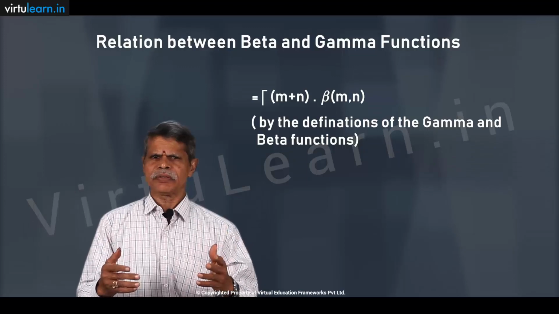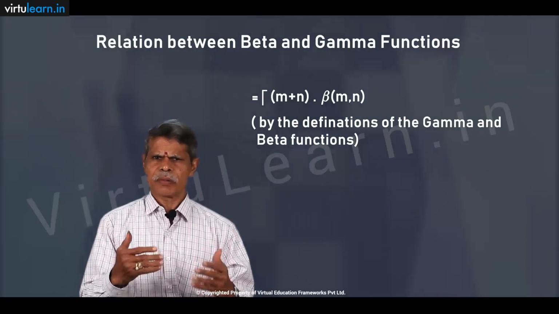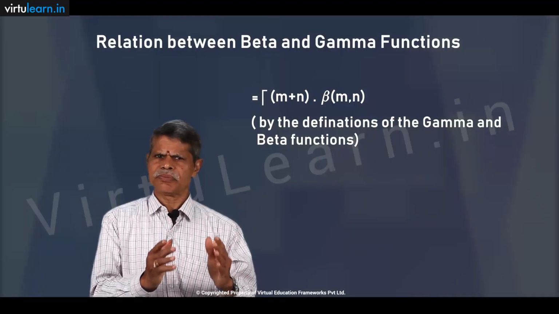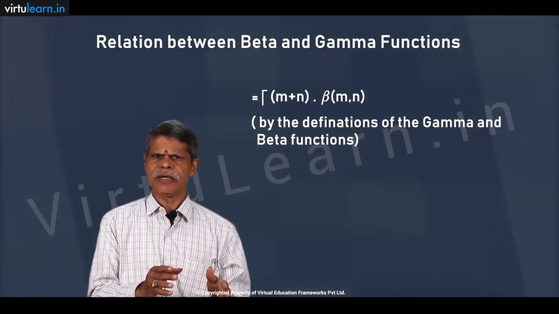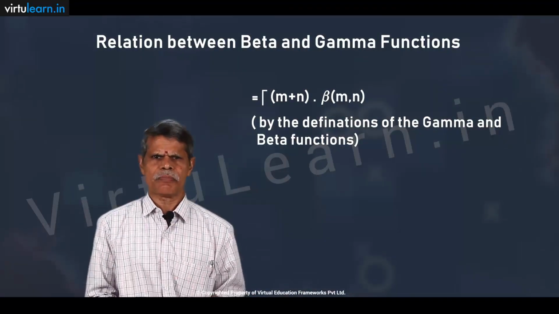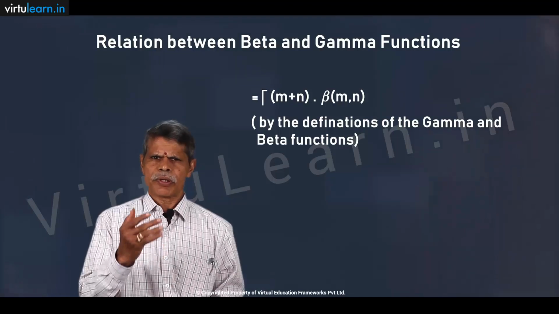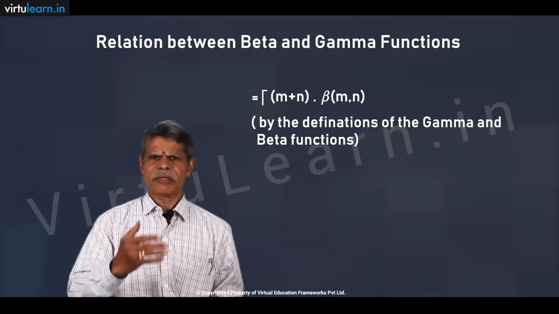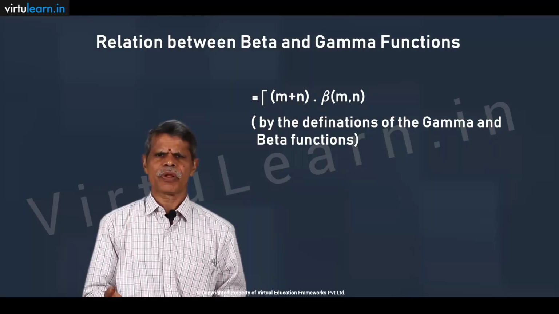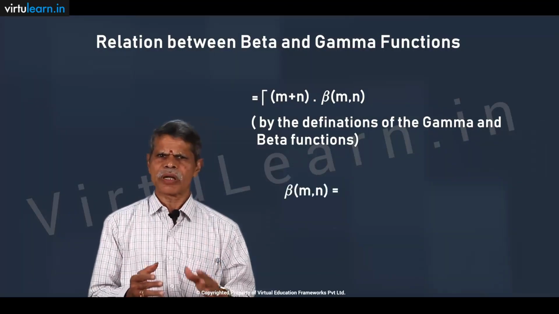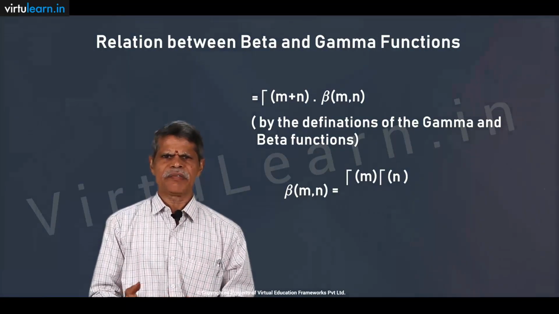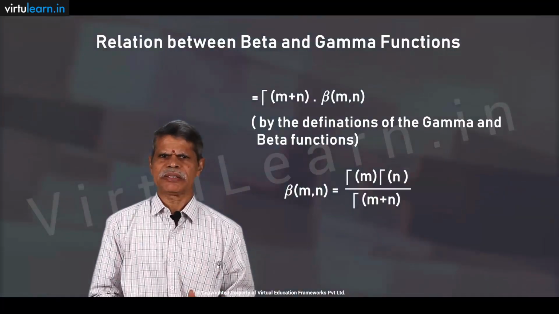On comparison with the definitions of the gamma function and beta function, the first integral can be observed as gamma of m plus n, while the second integral is observed as beta of m comma n, so that the earlier written relation becomes gamma m into gamma n is equal to gamma m plus n into beta of m comma n, or beta of m comma n is equal to gamma m into gamma n divided by gamma of m plus n.